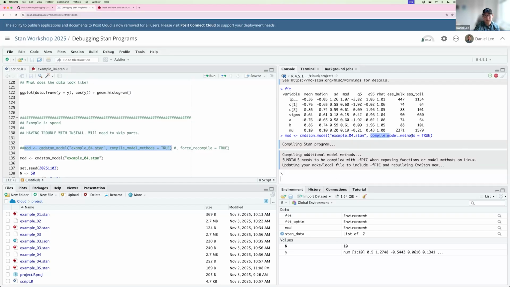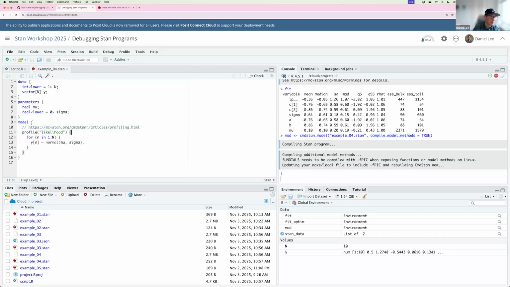So when you do compile model methods equals true, this will enable cmdstanr to run the log prob and grad log prob. The log prob is going to be this block here.